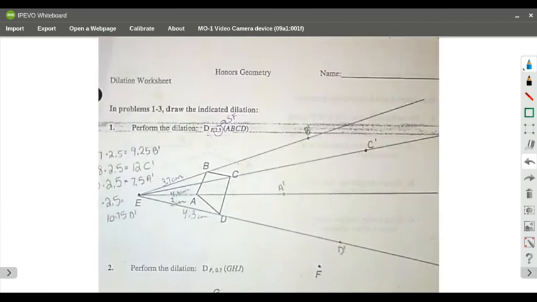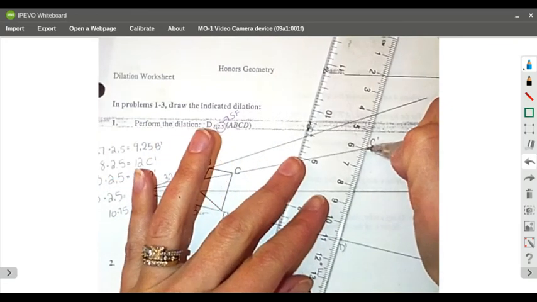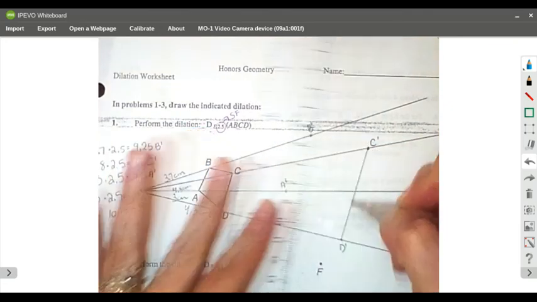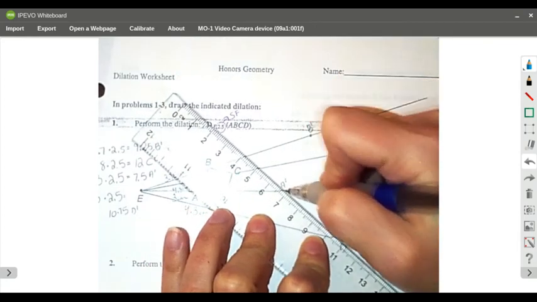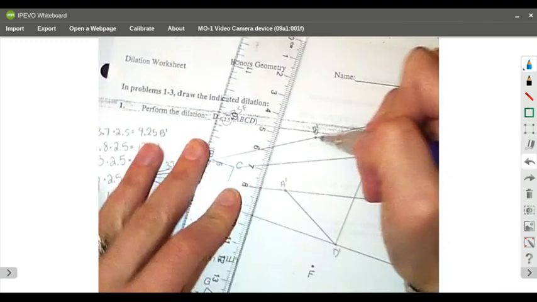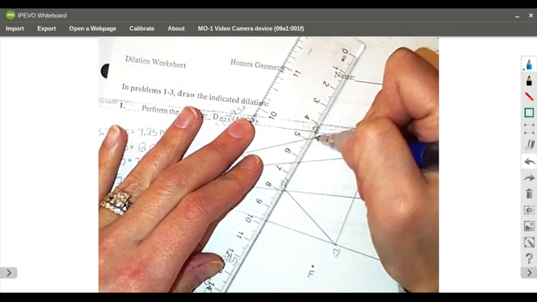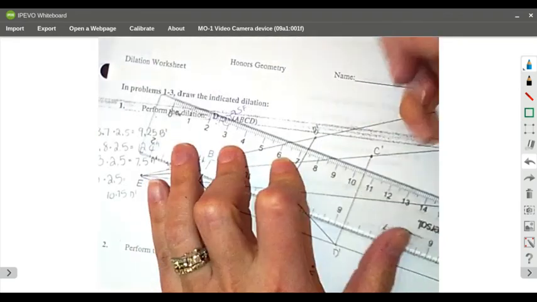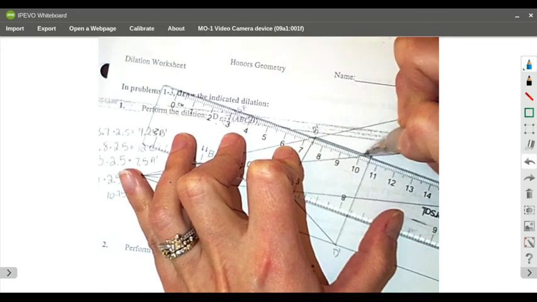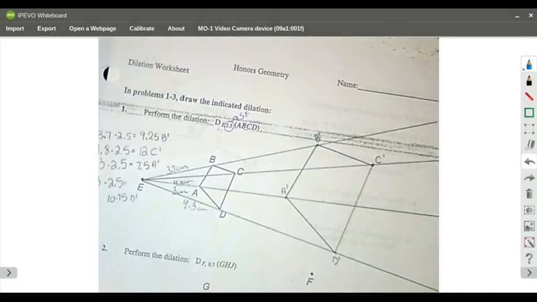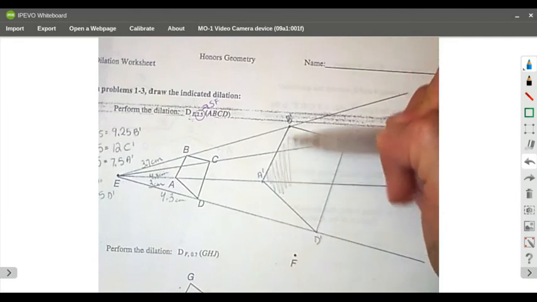Okay, once you get all of your new points, your image points, now connect those to make a polygon. Okay, and then I like to lightly shade in the one that I made just so it pops out with all these lines.